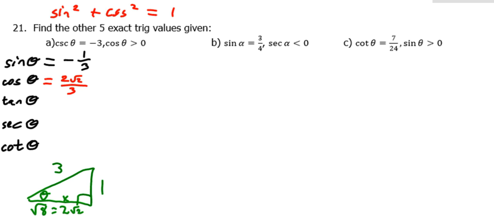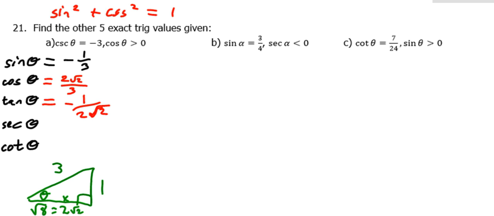And we're told that it's positive. Then tangent is sine over cosine. So tangent is -1/3 over 2 square root of 2 over 3. So that's -1 over 2 square root of 2.